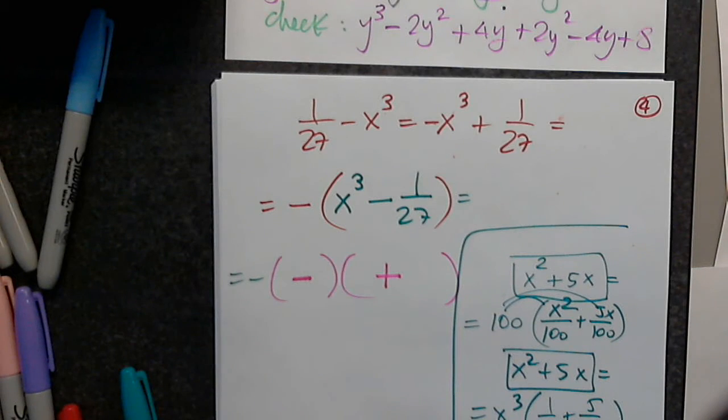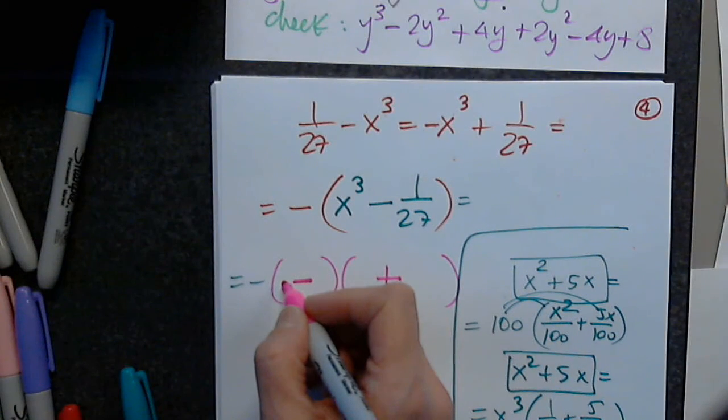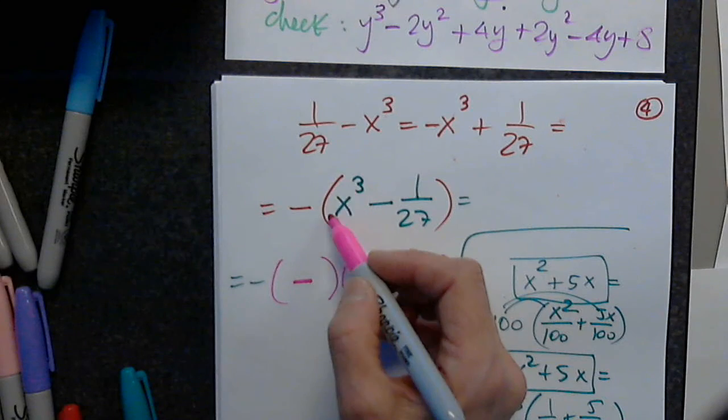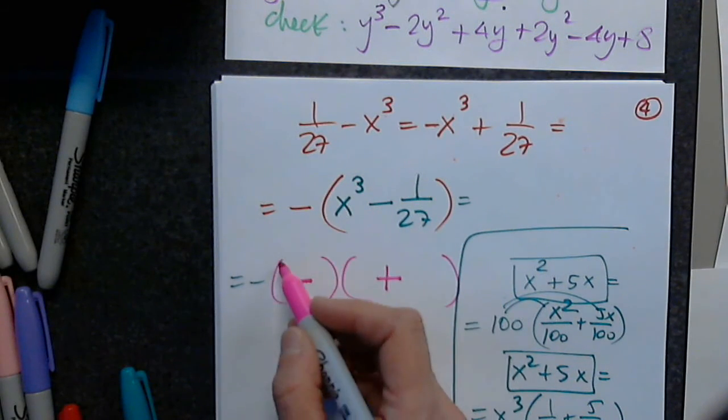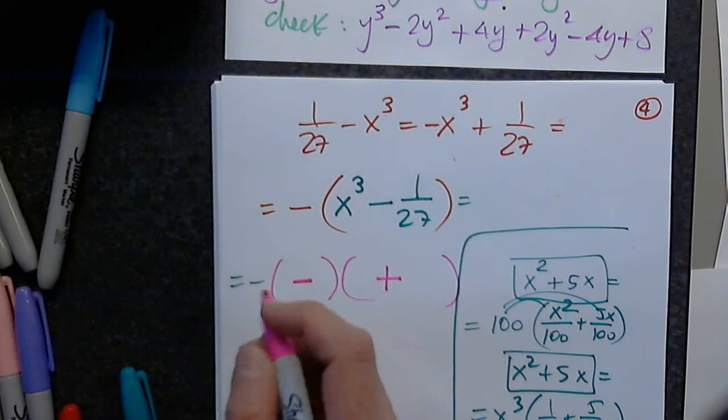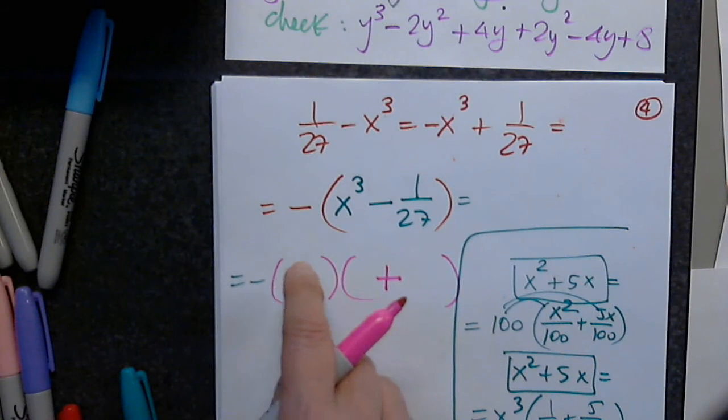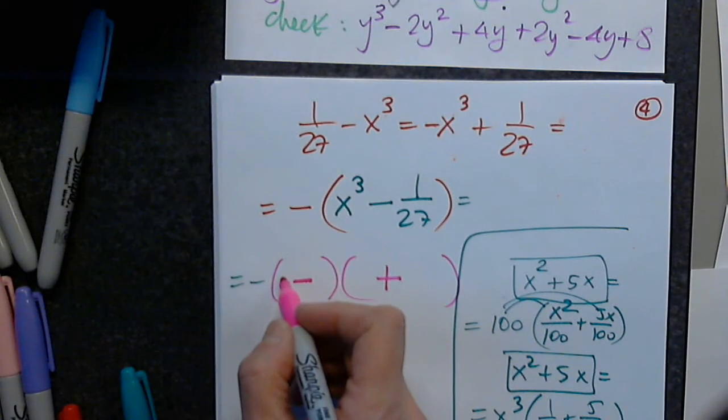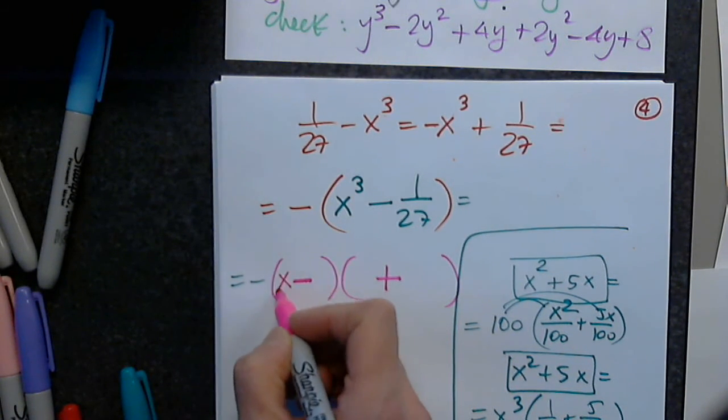So now I have to identify what quantity I cubed to get x cubed. What could that be? Remember this is a cubed. This cannot be a cubed. So this must be the quantity that I cube to get x cubed. It has to be x.